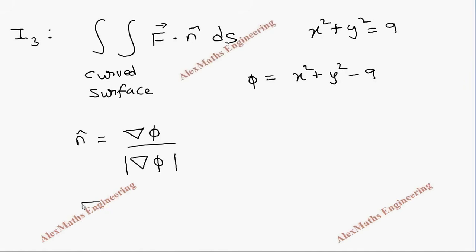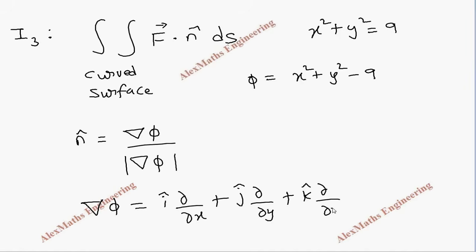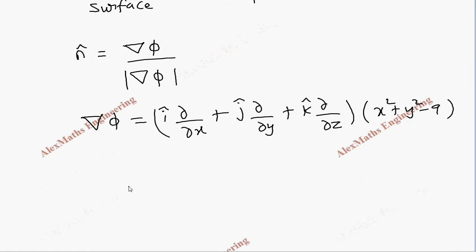So now del phi is nothing but i cap dou by dou x plus j cap dou by dou y plus k cap dou by dou z of this x square plus y square minus 9. Coming to the first part, it is 2x i cap and the rest of the things will be 0. Coming to the second part, it will become 2y j cap and the third part is 0.